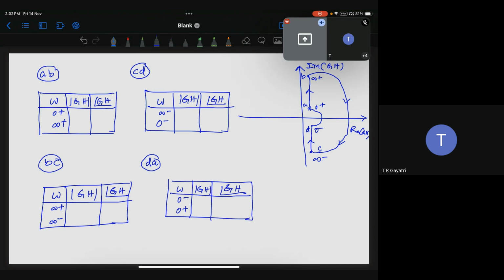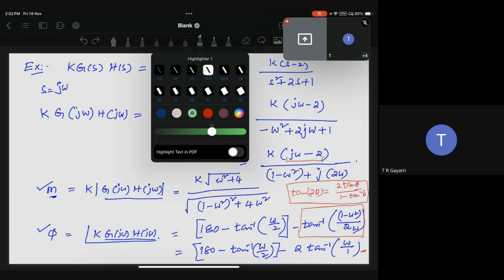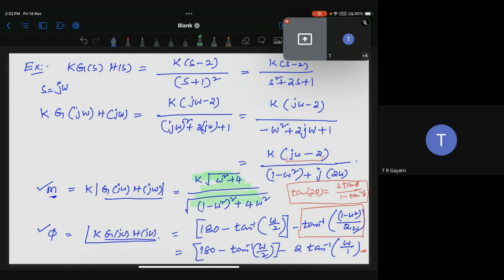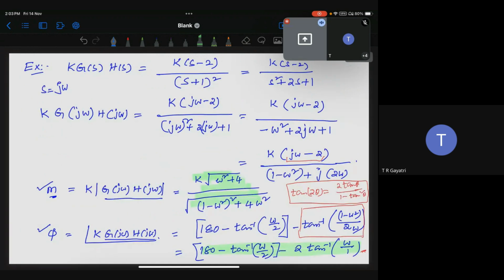Clear? So for these values of omega, we already have derived the GH magnitude and the phase angle. The magnitude is this expression, whereas the angle is this expression. First let us calculate the first case, when omega is 0 plus to infinity.